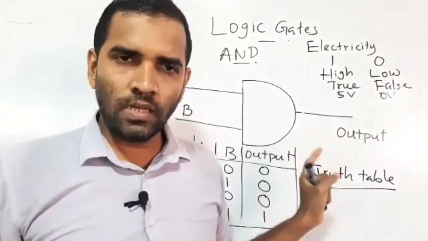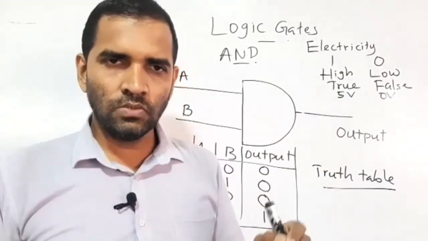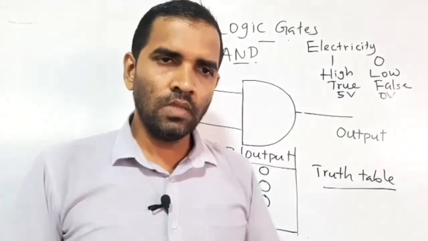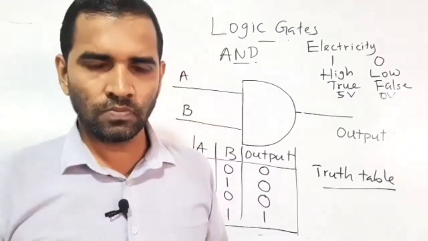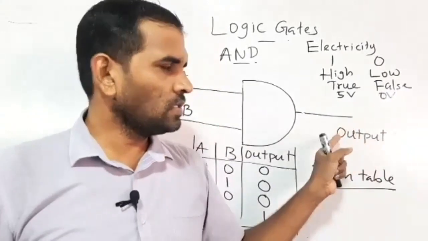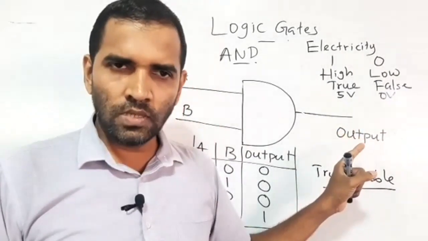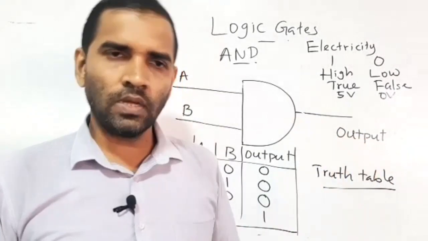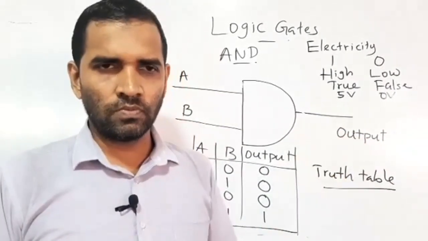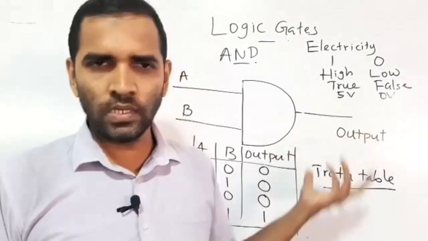But not only for the AND gate, in all the gates you will get output. Later, we will study the OR gate. There also you can find the output. Even in the NOT gate you have output. So it is not good to write the word output for a gate, because in all the gates you will find output.